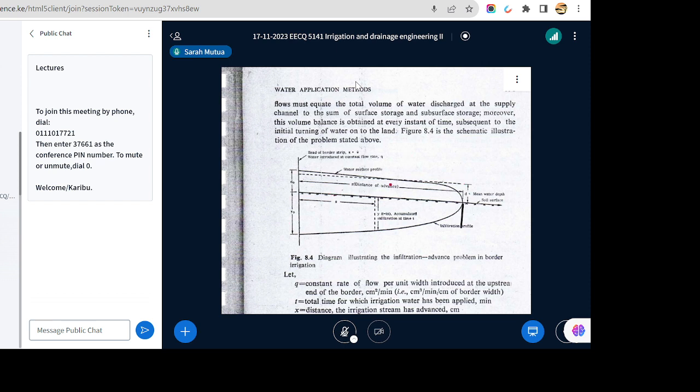You can see there is very little change if you have a very gentle slope, the water surface slope is almost parallel to the ground level. Remember, when we are doing border strip irrigation systems, and even most of these surface irrigation systems, leveling is one of the key things that we need to do.